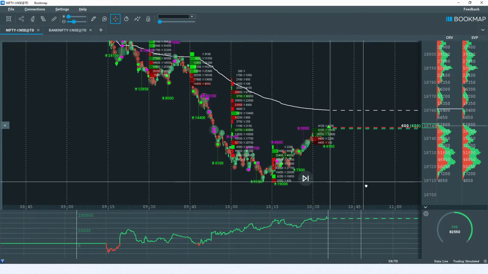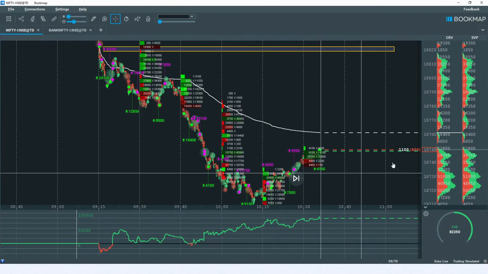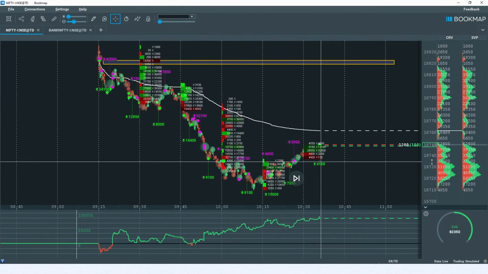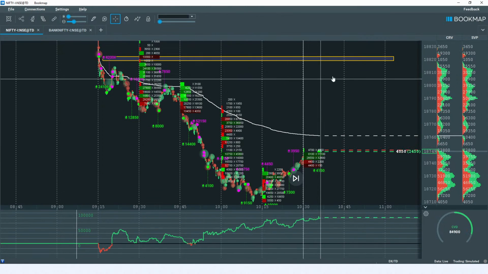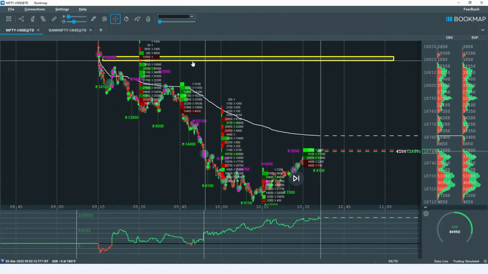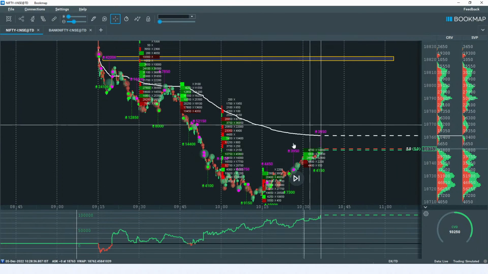So it will help us identify where the maximum number of activities happened, point one, and point two, what was the behavior of those transactions. That is the key here.